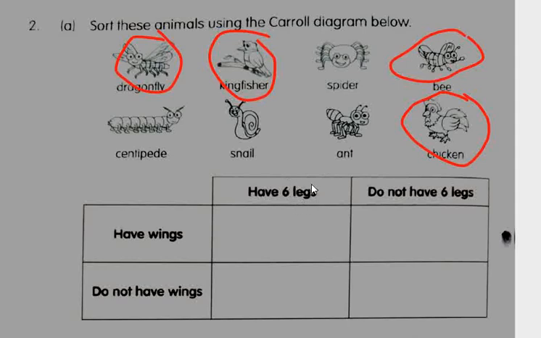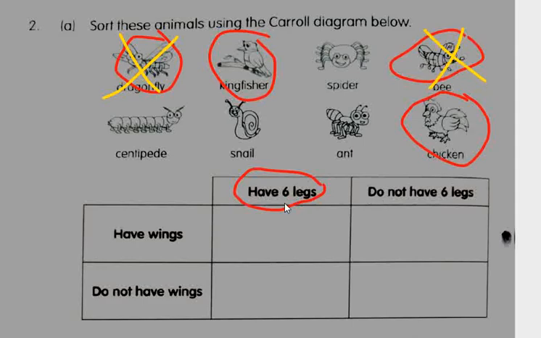Now let's mark the animals that have 6 legs. Alright, so dragonfly has 6 legs. Kingfisher only 2 legs. Bee, how about bee? Also 6 legs, right? Chicken only 2.